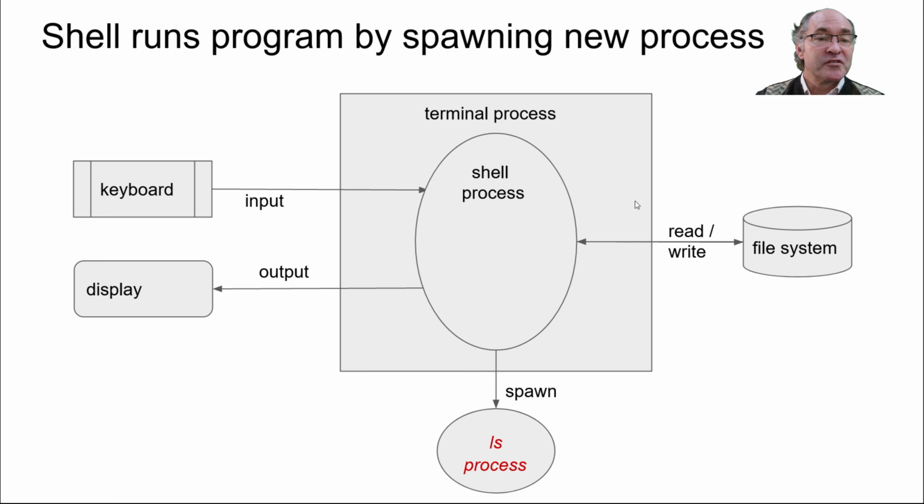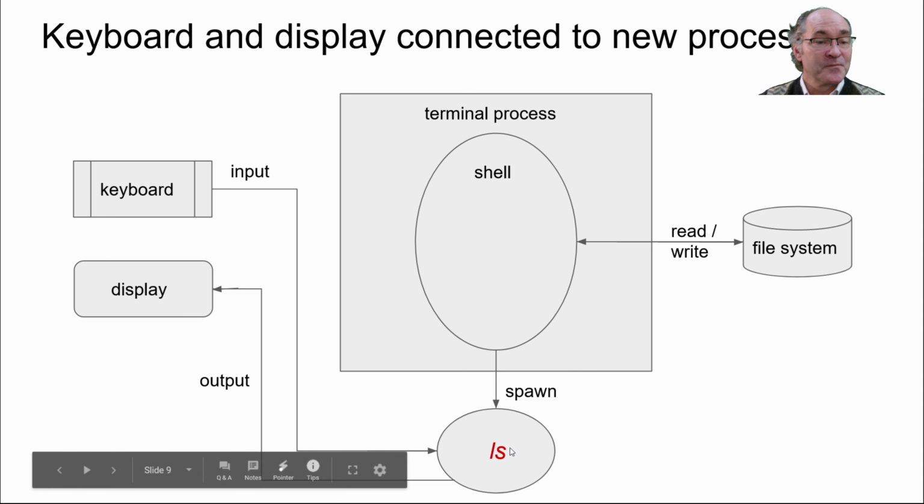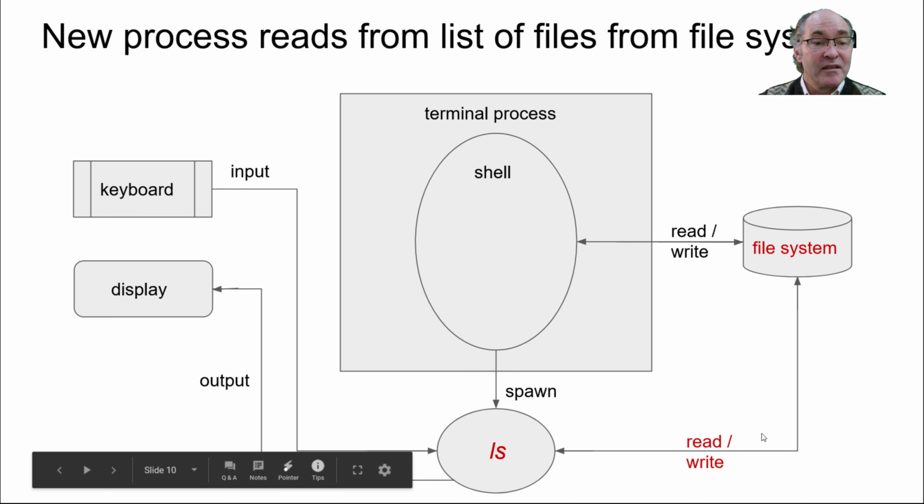Once the shell process finds the ls program on your machine, often by looking in a series of different directories on your machine called the search path, if and when it finds a file called ls, it runs it by spawning a separate process, which I've denoted here at the bottom of the screen as the ls process. So the program is now running that's responsible for going out to your file system and finding the list of files in the current directory and outputting them onto your display.